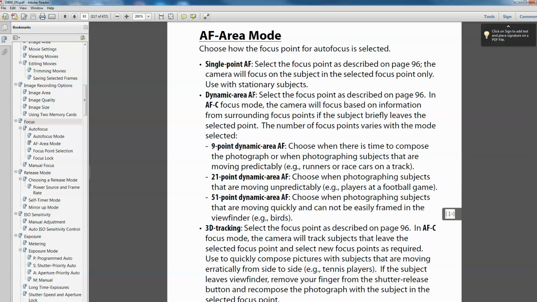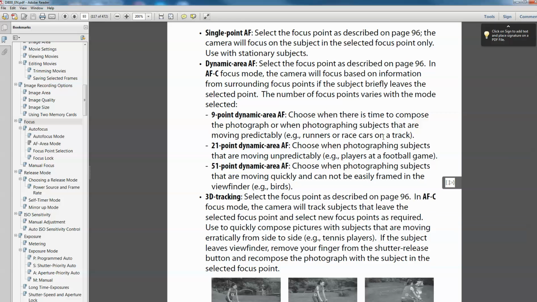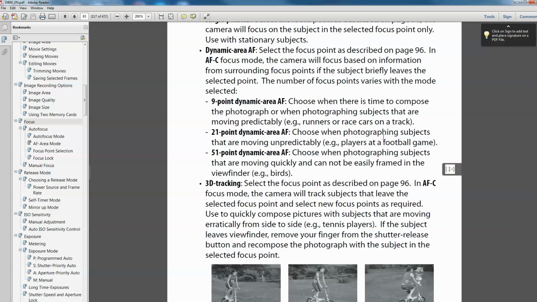When you're in dynamic area, you see here another name for AFC, now they call it dynamic. Anyway, in AFC focus mode, you can select different focus points depending on how many your camera has. Most cameras, I think, have the 9 and the 21. Some cameras have 39 maximum, some have 51 maximum.